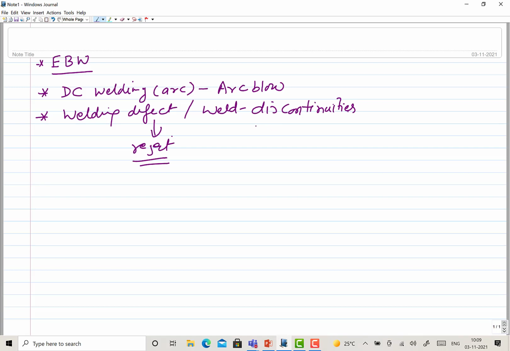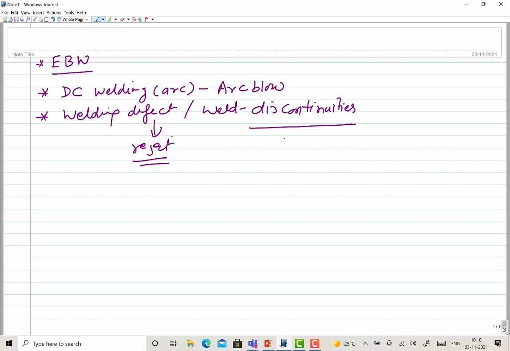Discontinuities are undesirable features which may or may not be acceptable. When they are unacceptable, we call them a defect. If they are acceptable, they are undesirable features but still acceptable. So this has a much wider umbrella. Both acceptable and non-acceptable discontinuities are possible in a weld joint.